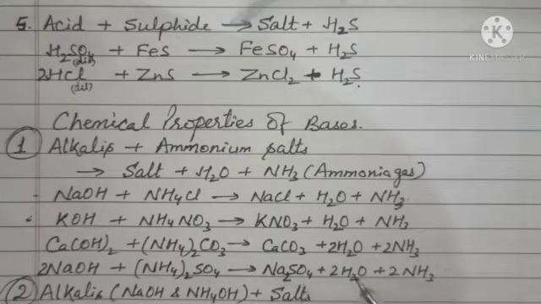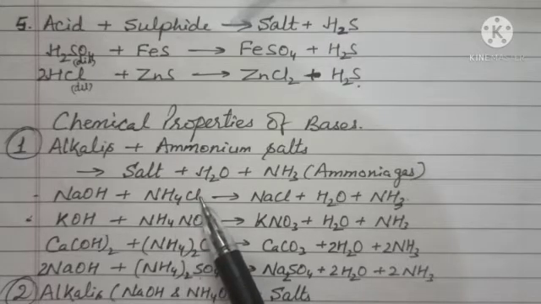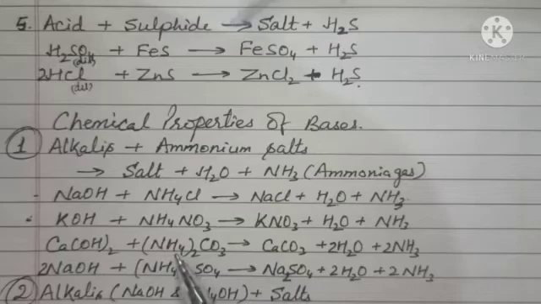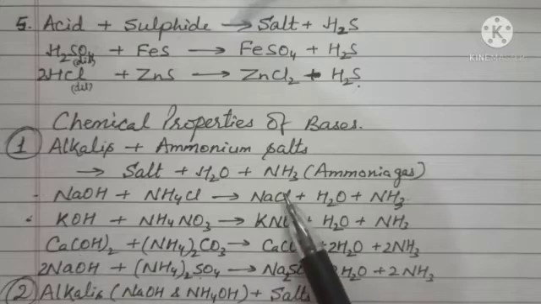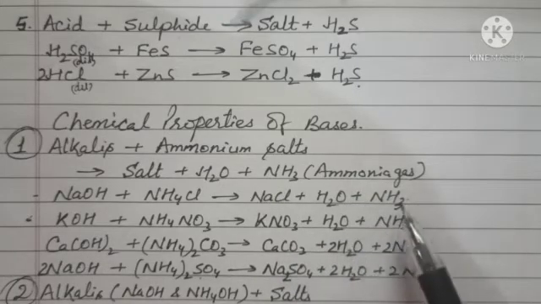Sodium sulfate, water and ammonia gas. All these four are called ammonium salts: NH4Cl, ammonium chloride, ammonium nitrate, ammonium carbonate and ammonium sulfate. And whenever they react with any alkali, they always give salt, water and ammonia gas.